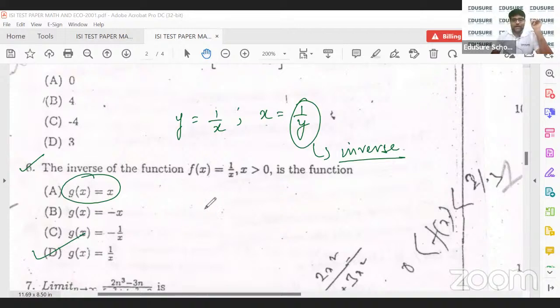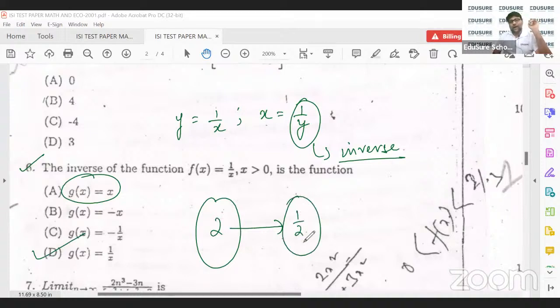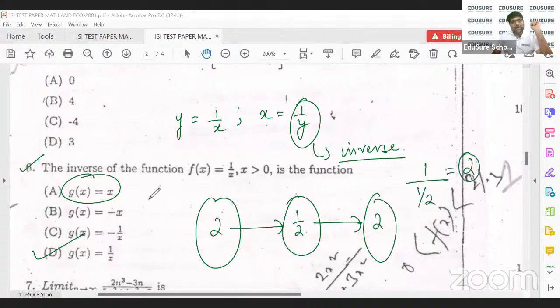Inverse is going back, right? So if I go from 2 to half, 1 by x, from half I need to go back to 2. So what do I need to do? 1 divided by half, which will give me 2. So if I go from x to 1 by x, and I have to go back to x, I need to do 1 divided by 1 by x, right?